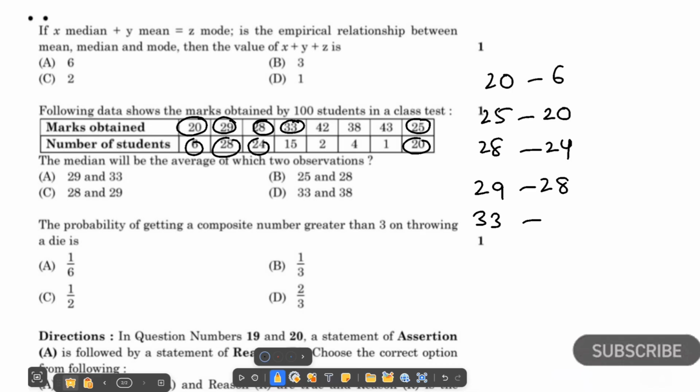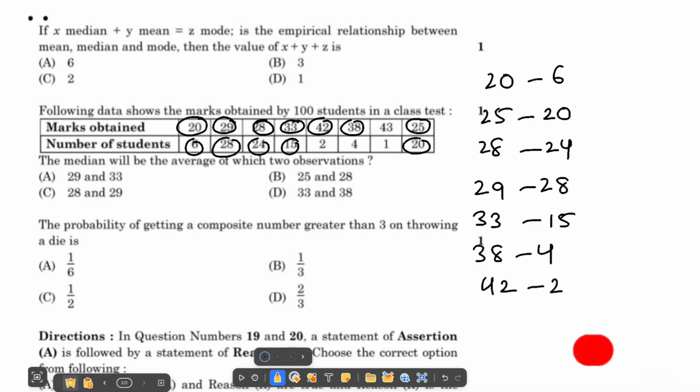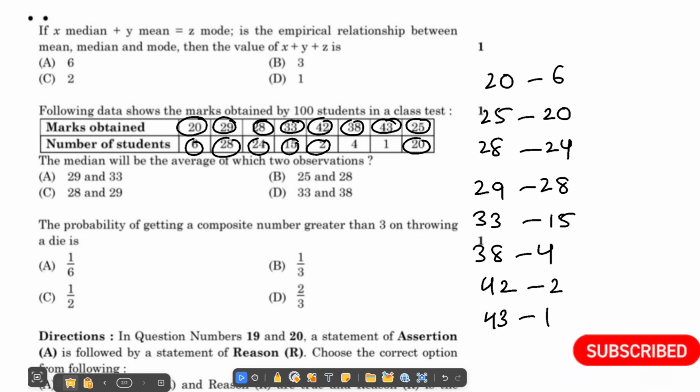So this 33 is 15 times. Next after that, 38. 38 is 4 times. Next 42 is 2 times. Next 43 is 1 time. So the total number of observations is 100.